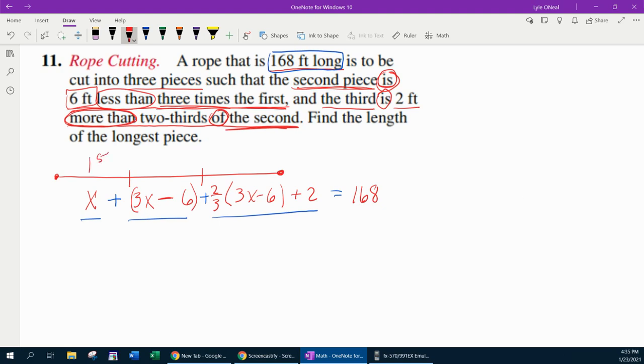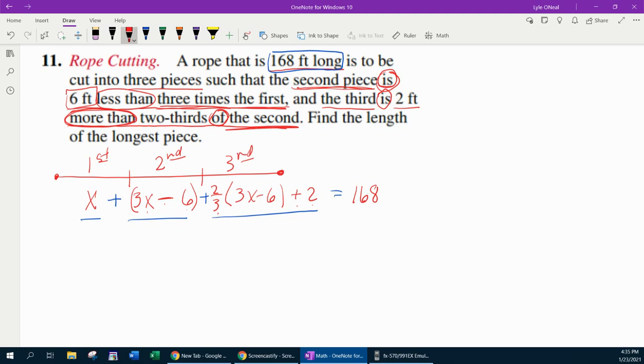I've got the first piece was x. The second piece was 6 feet less than 3 times the first. And then the third piece was 2 feet more than 2/3 of the second.